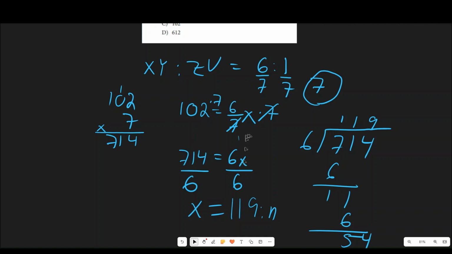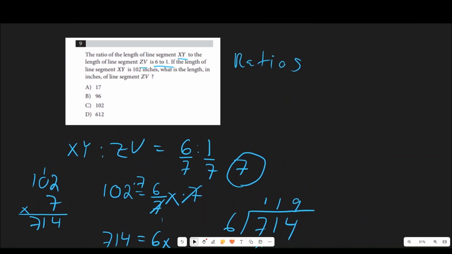So now that we know the whole amount, we can easily find what is 1/7 of that. So in order to do that, we just now take our answer, which is 119, and times it by 1/7, which is the same as 119 over 7. And let's divide that out.